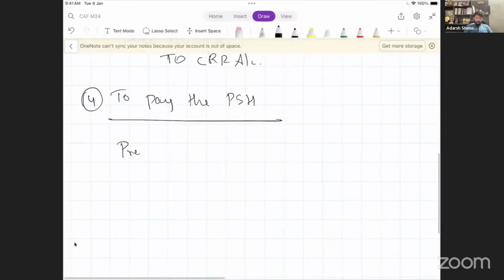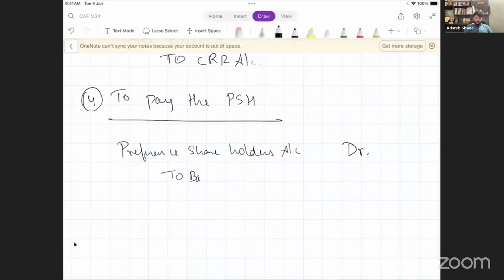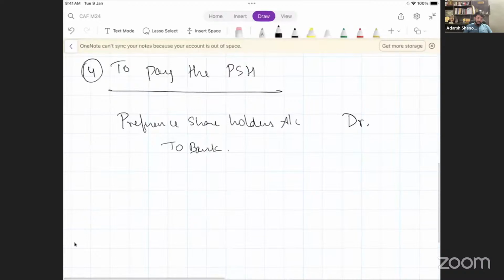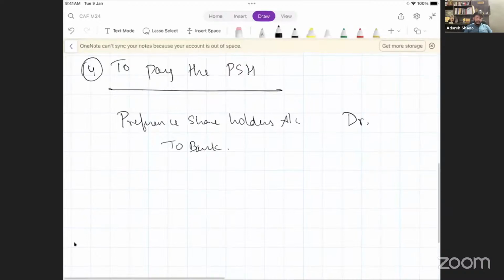So preferential holders account debit to bank account. So you give them their money back. This is the next entry.